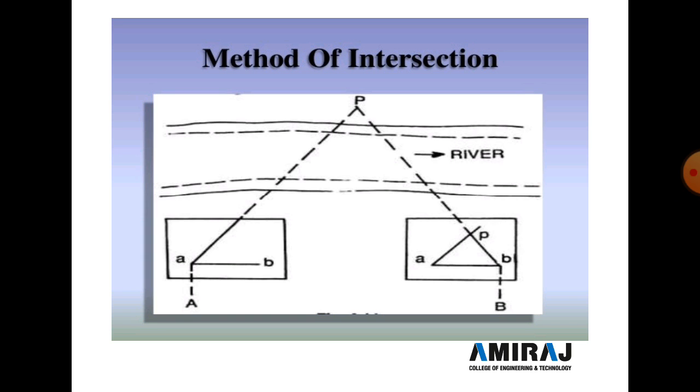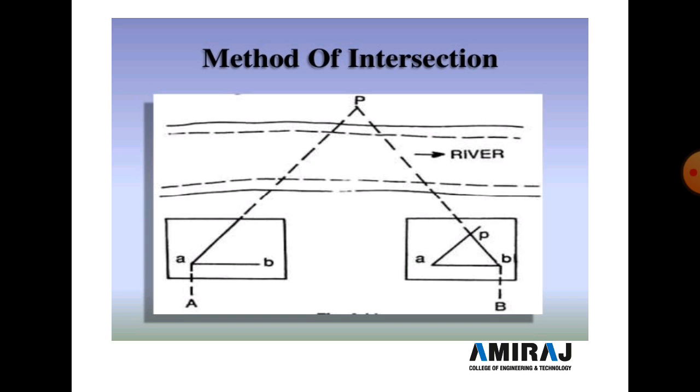Then, using the U-frog plumb bob, capital A point is marked on the paper as a small a point, and using a pencil we put a dot on the point.